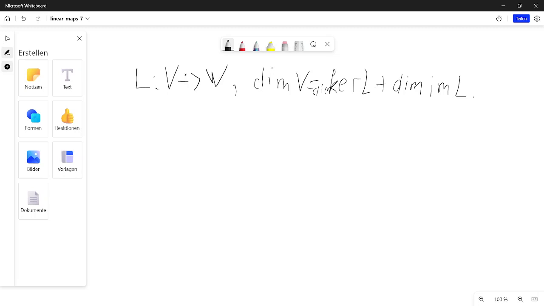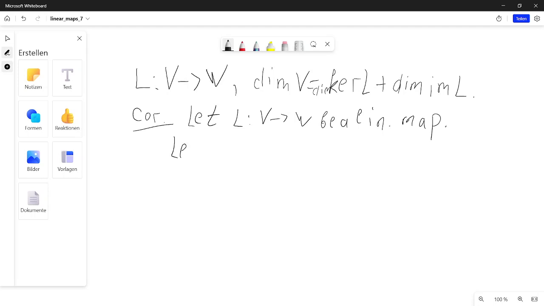And now we'd like to look at some corollaries. Corollary of the dimension formula. Let L from V to W be a linear map, and let the dimensions of V and W be both finite and even equal.